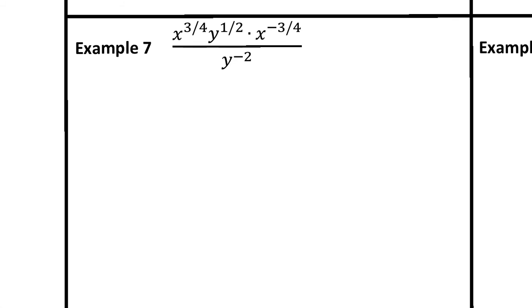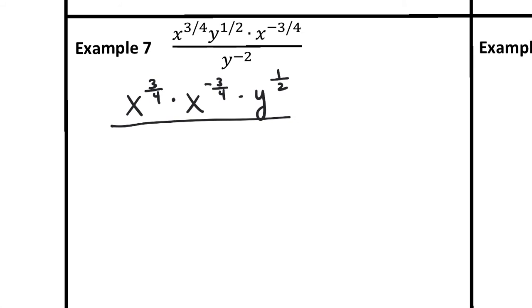So I'm going to rewrite the problem so that I have x to the 3/4 times x to the negative 3/4 times y to the 1/2 divided by y to the negative 2.